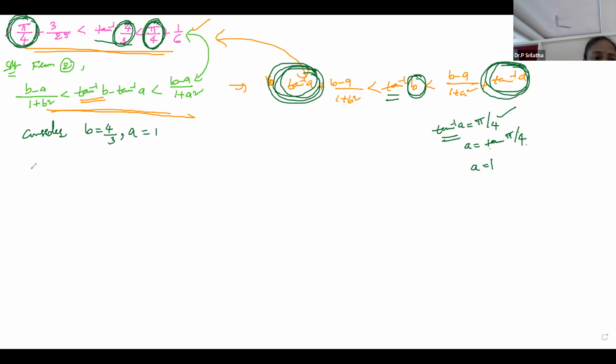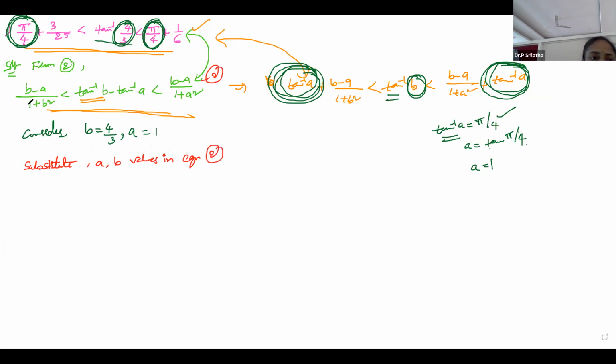Now you can substitute the A, B values in equation 2. So this is our equation 2, right?